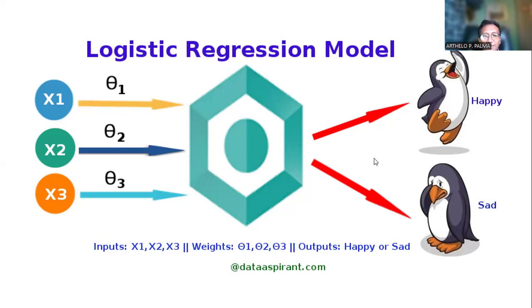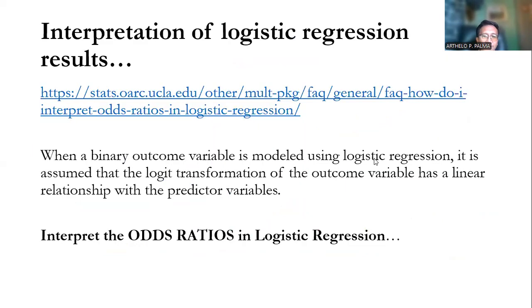That's our output, happy or sad. So logistic regression is just as simple as that. It's just like a linear regression model. However, the values for the dependent variable are binary.